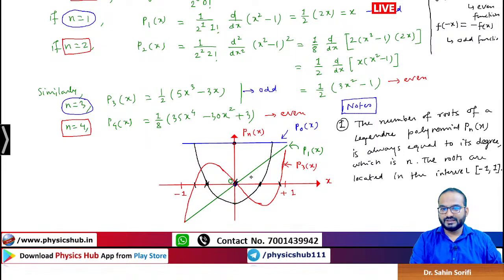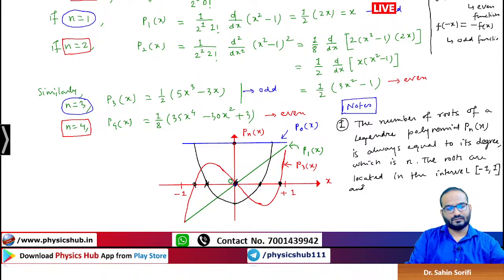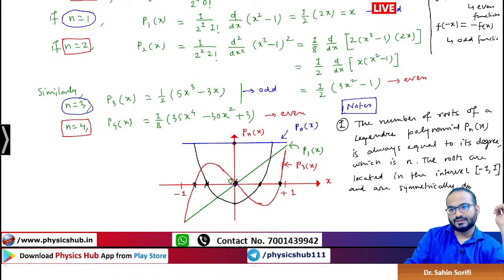If you consider this P3(x), two roots are there, one is here, another one is here, they are symmetrically distributed about the origin.